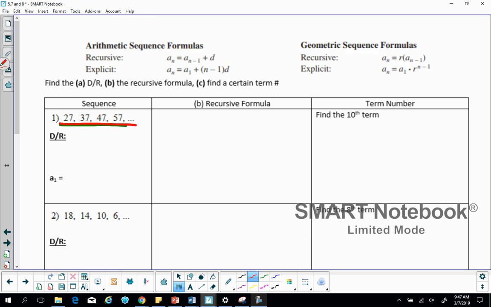Ekran, did you get the first one? What's your D here? What's the common difference? So what's being added over and over again? 10. What's your first term? 27. And so we know it's arithmetic. Cool.